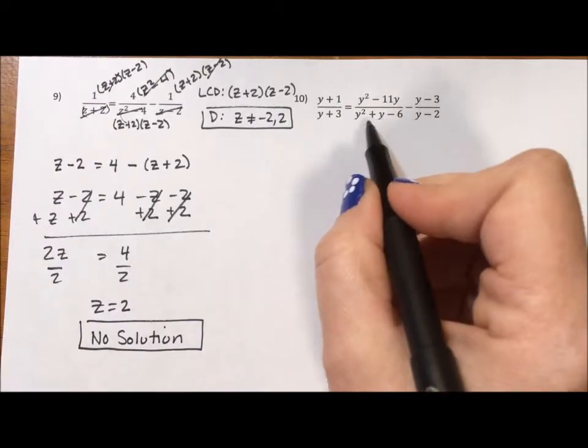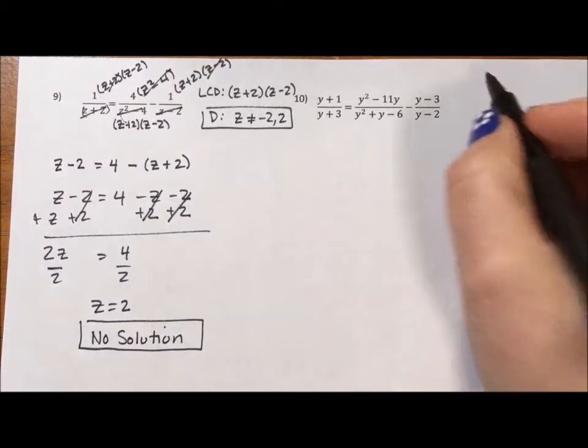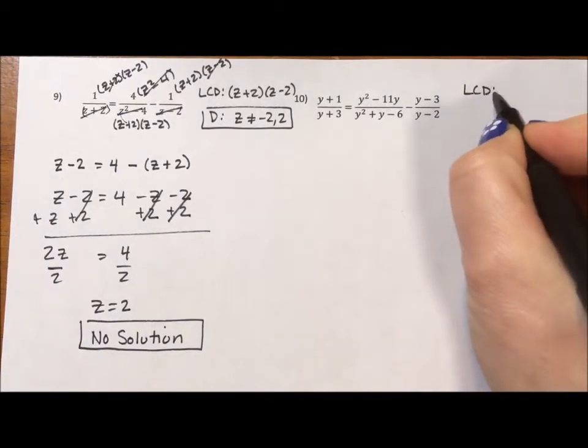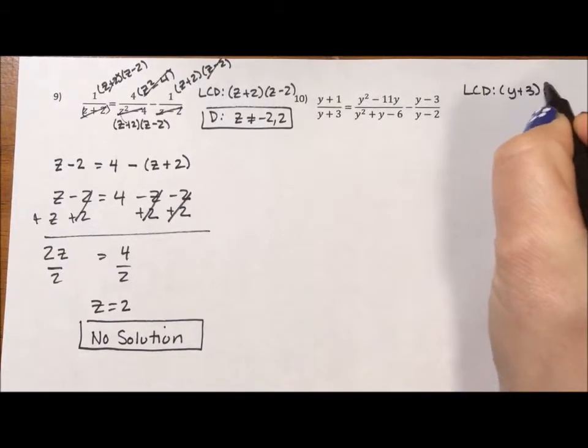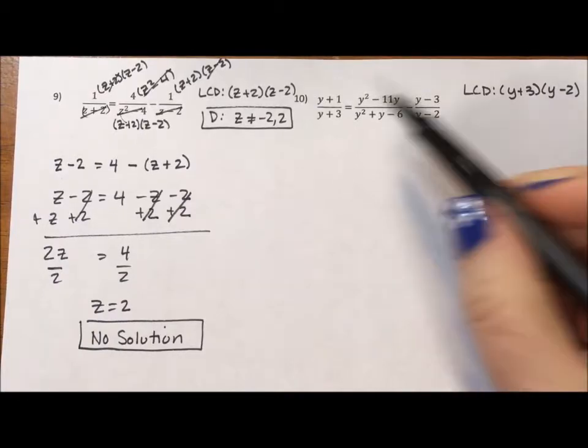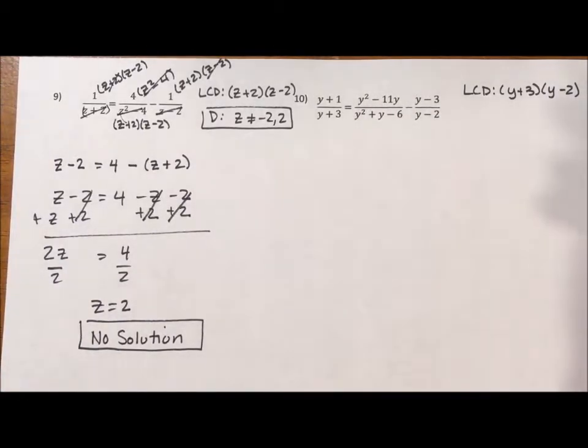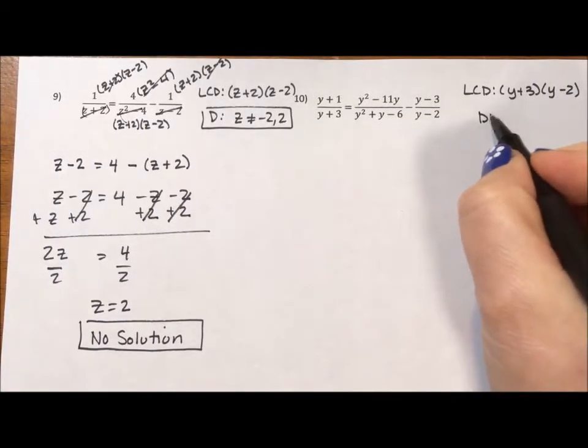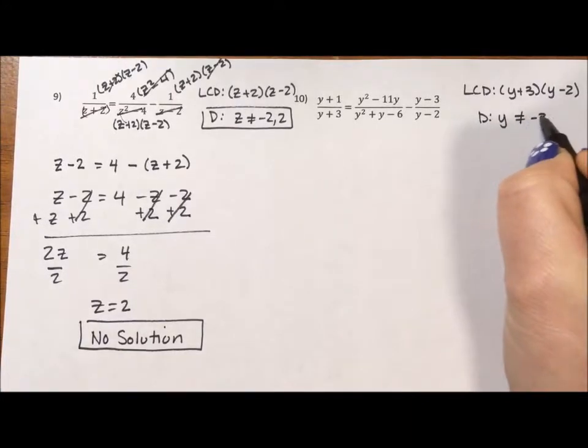This factors out to plus 3 minus 2, so that my least common denominator is y plus 3 times y minus 2. The reason that works out most of the time is as teachers, if we don't do that, the problem becomes a bear. It becomes so over-involved. There are times, but probably not with such complicated numerators at the same time. Let's see, my domain is y cannot equal negative 3 or 2.